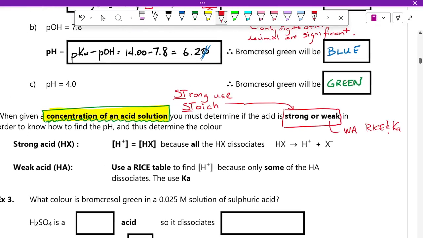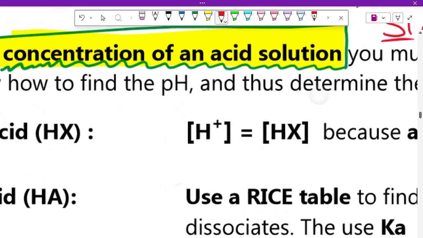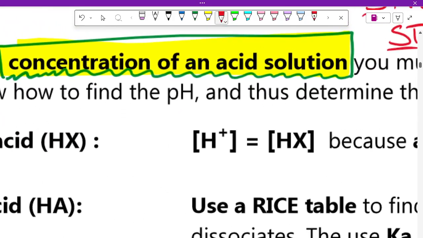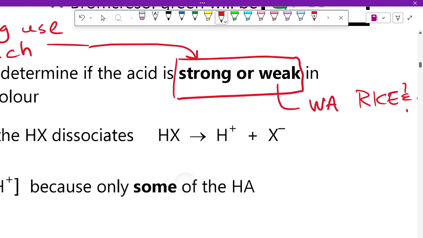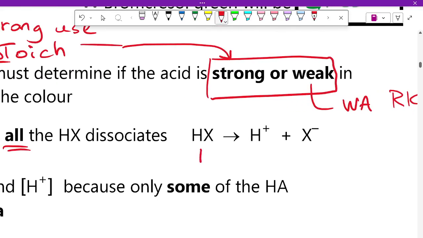So for example, if we have a strong acid, then the hydrogen ion concentration simply equals the concentration of the acid, because all the HX dissociates. And this is a 1-to-1 ratio.